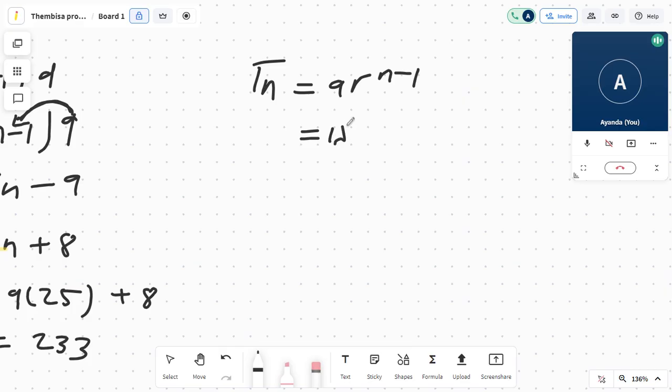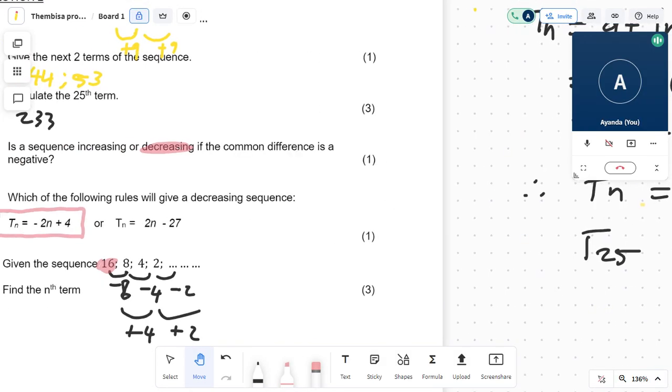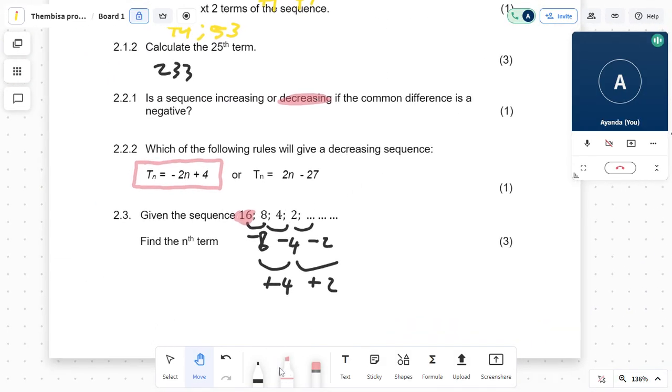So 16 times r. R is our ratio, and we can find this by taking term 2 and dividing it by term 1. 8 divided by 16 gives us a half.